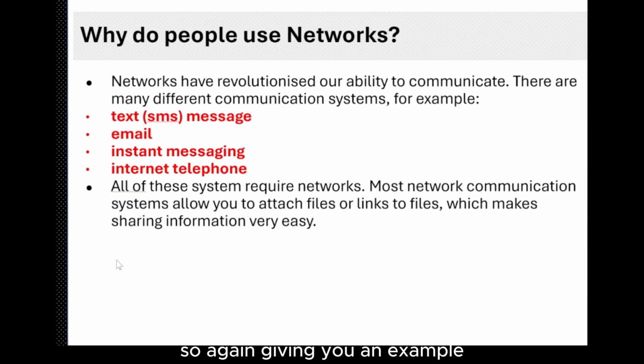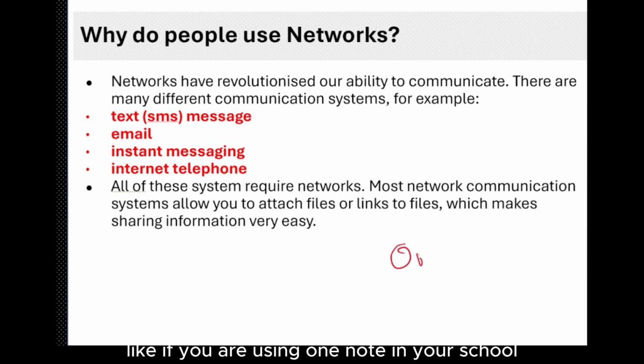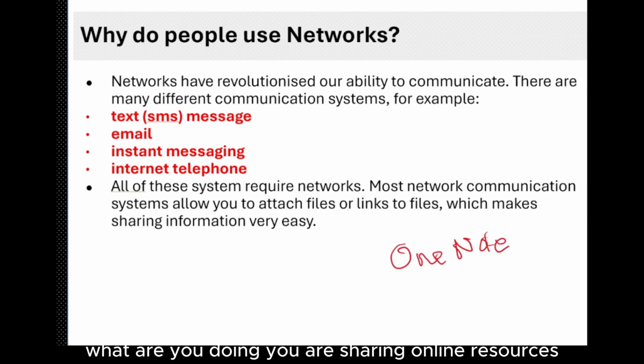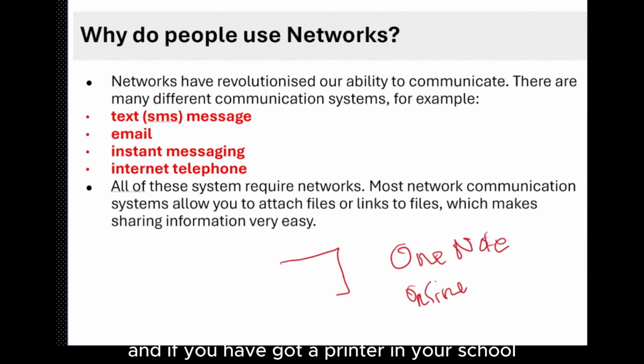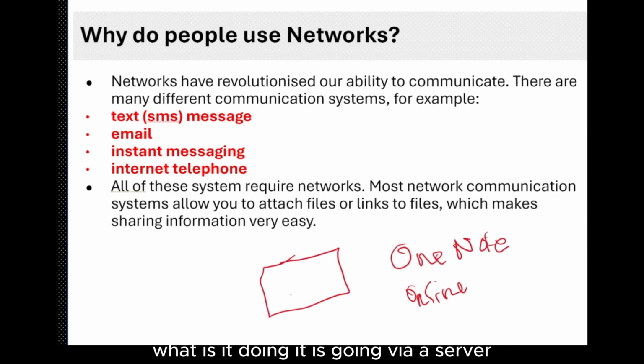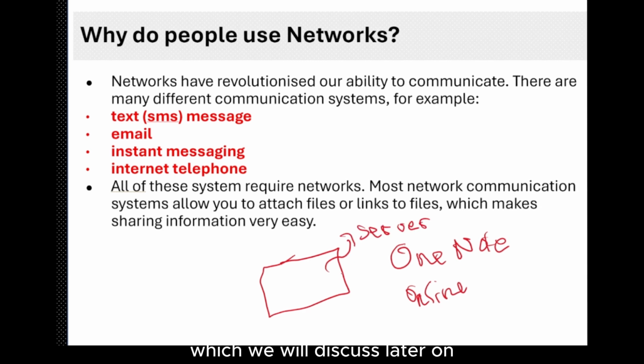Again, giving you an example, if you are using OneNote in your school, what are you doing? You are sharing online resources. And if you have a printer in your school, it is going via a server, which is called a print server, which we will discuss later on. All your printing is done through that printer.